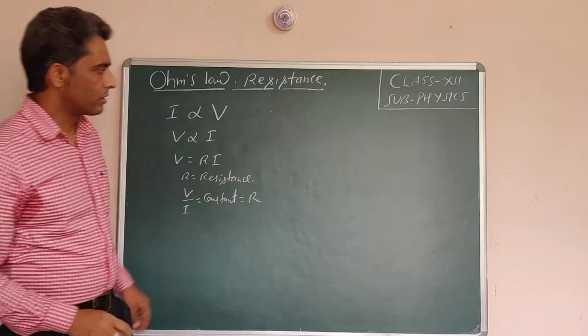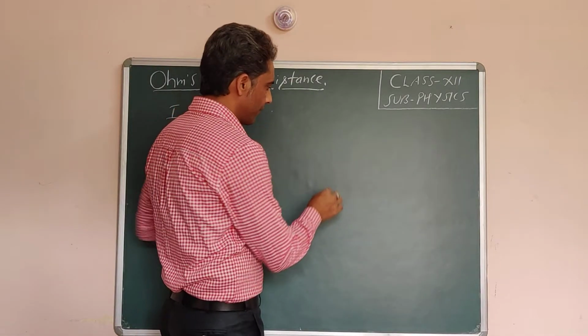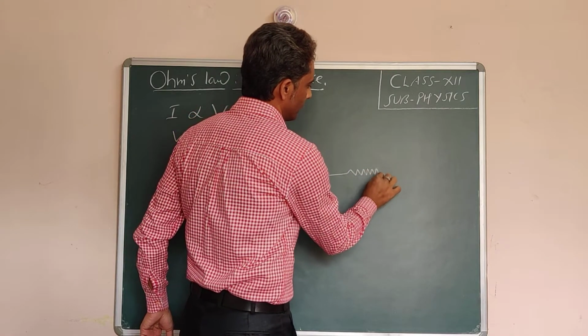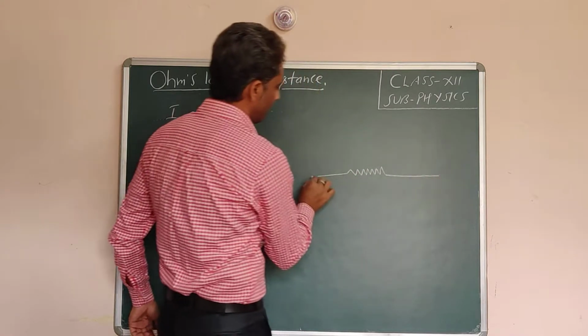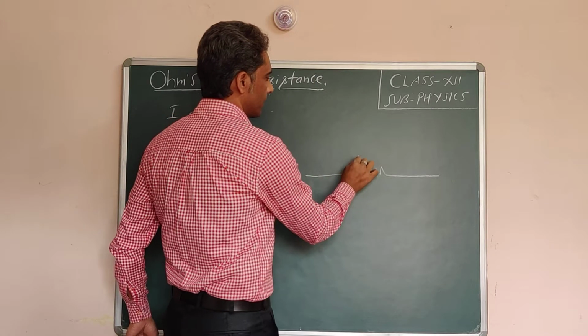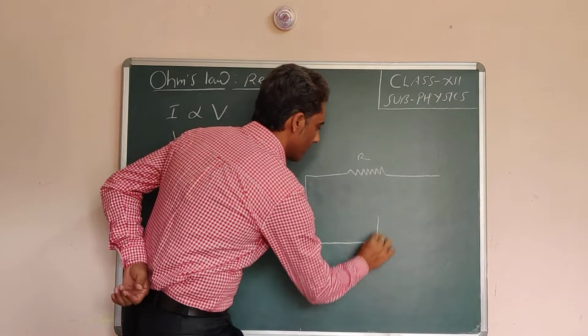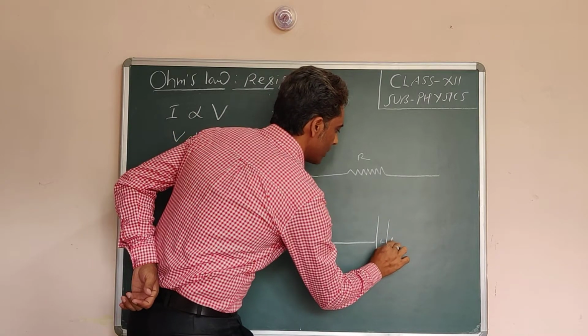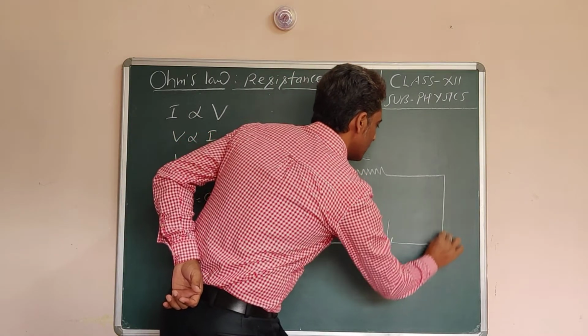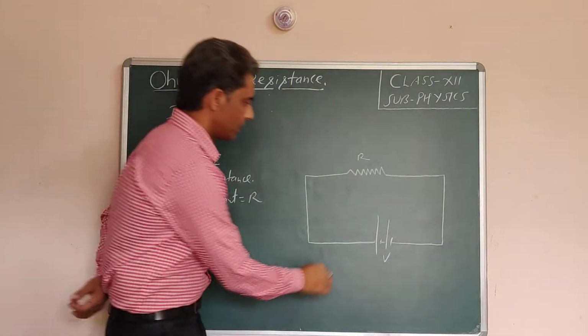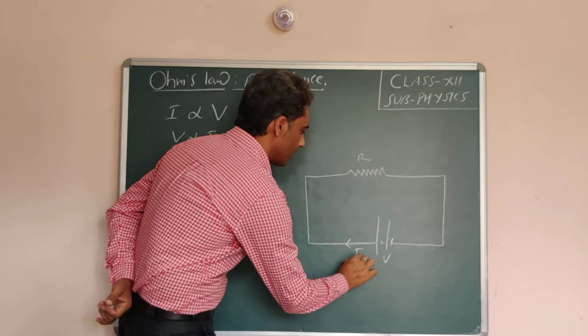So we can draw a circuit diagram for verifying Ohm's law. If this is a conductor of resistance R, and we apply potential difference V across its ends, let I be the current flowing through it.